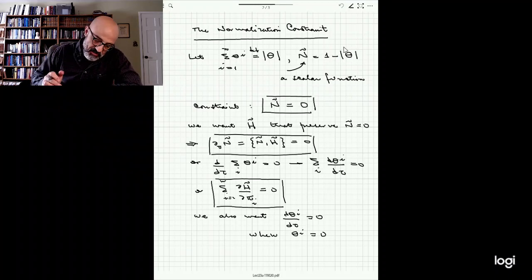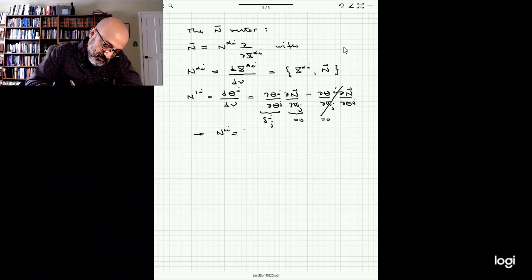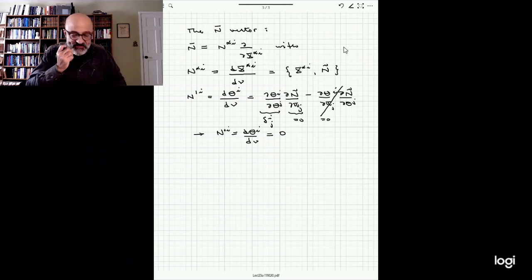Since n depends only on the thetas, this is equal to 0. And so what this is telling us is that the component along the theta direction of this vector is equal to 0. Okay, that's the first part we wanted to do.